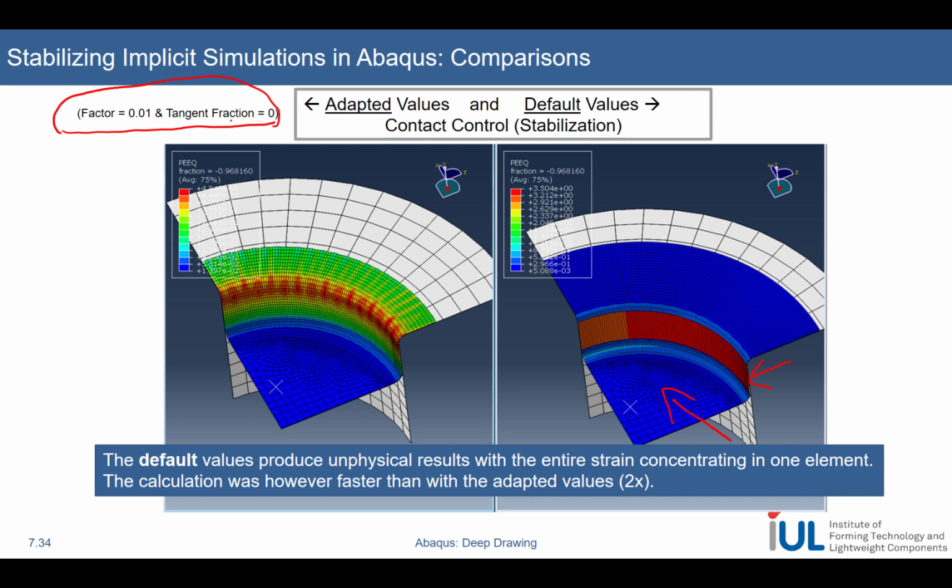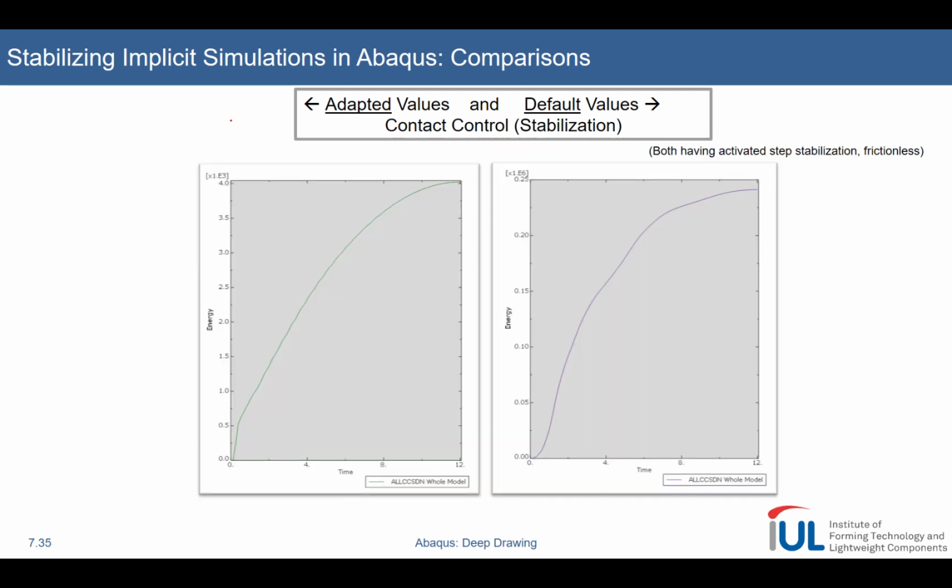And if we further look at the energies of our contact control, you can do this by checking the ALLCCSDN value, where you have a general energy related to contact stabilization, and you can choose between the one in normal and the one in tangential direction.